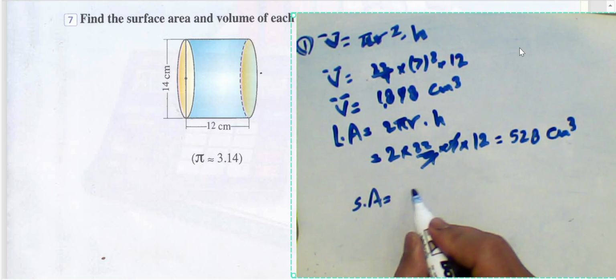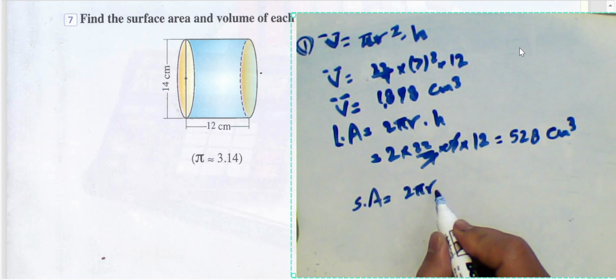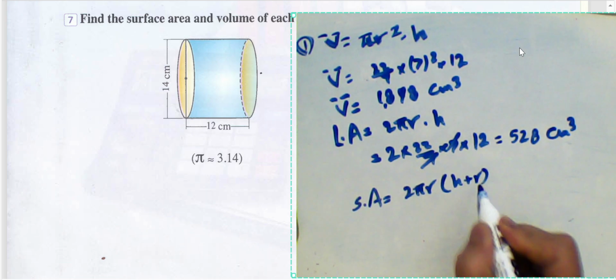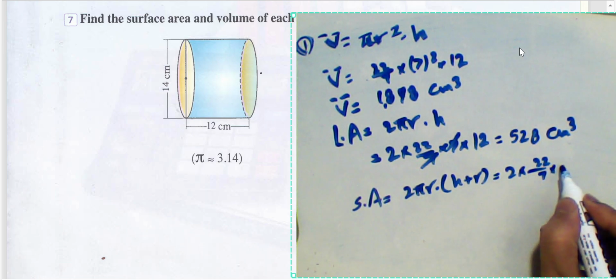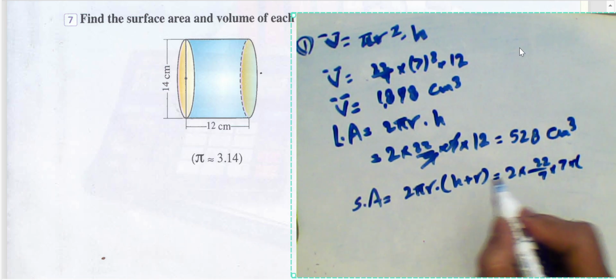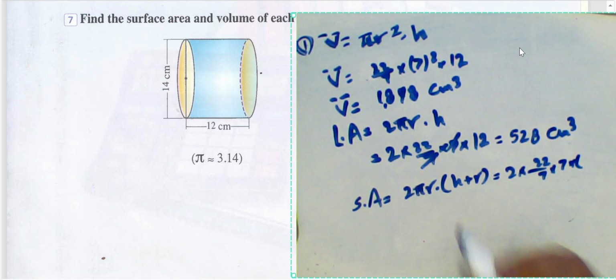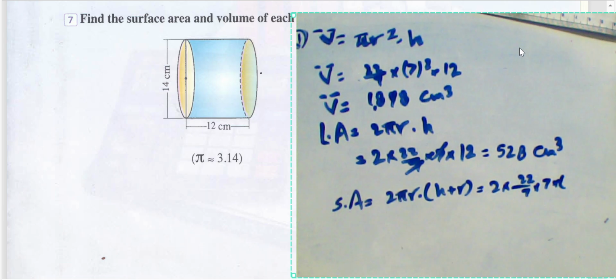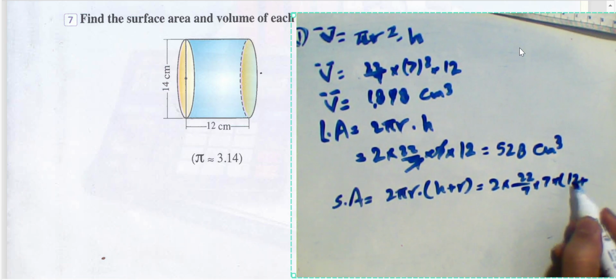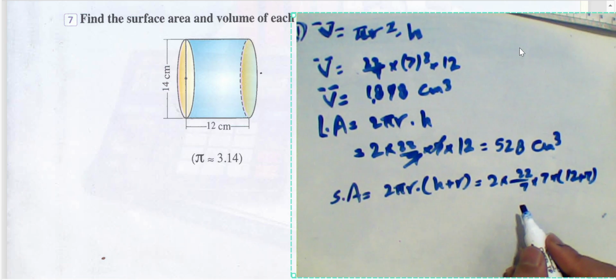And the surface area, it will be 2 pi r times h plus r. 2 times 22 over 7 times radius times h plus r. What is the height? The height here was 12. 12 plus 7, which was the radius.